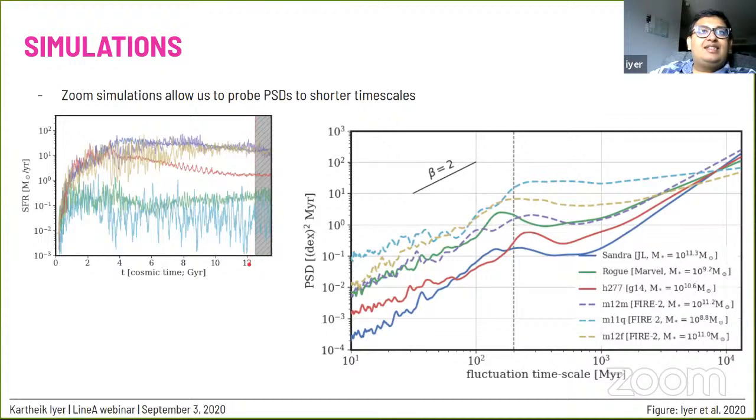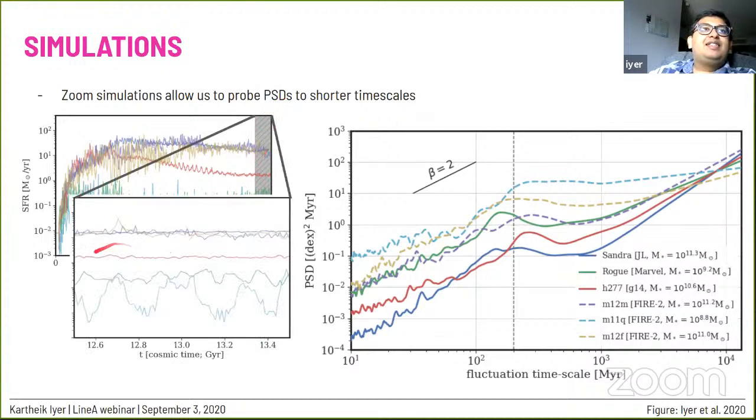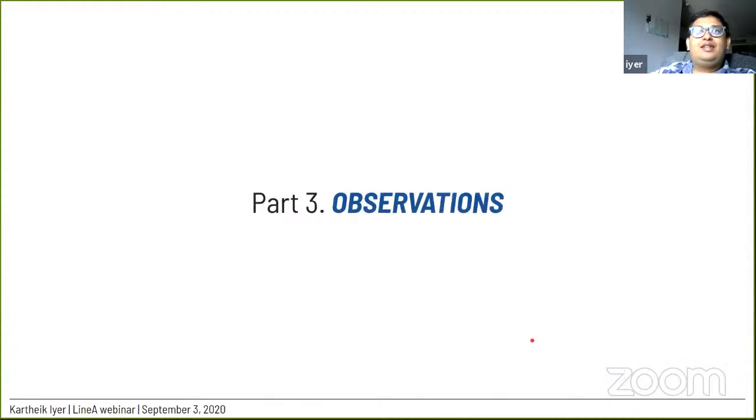So if we just take this gray shaded region and we blow it up, then you can see that all of these galaxies show really interesting trends in terms of how the star formation rates fluctuate versus time. So that's how we probe timescales in the Fourier space using simulations. And before I go into observations, are there any questions about the simulations that I can answer?